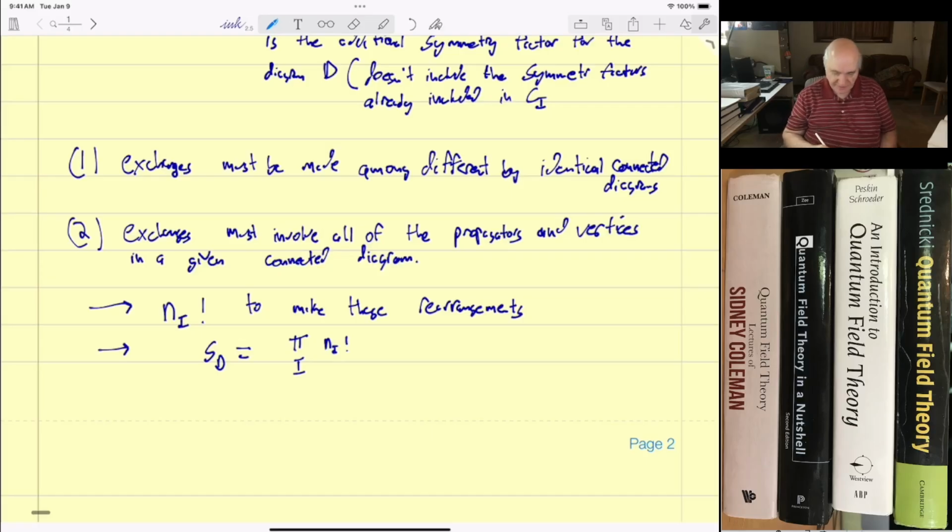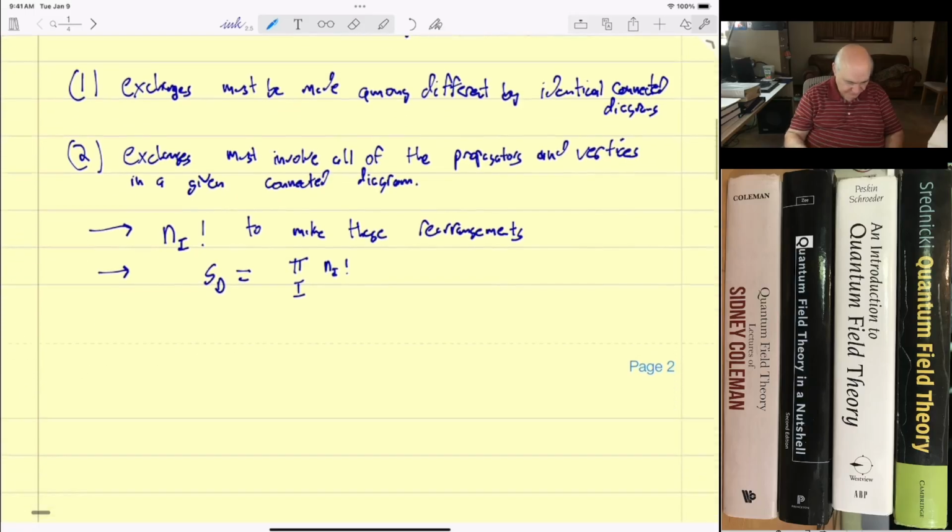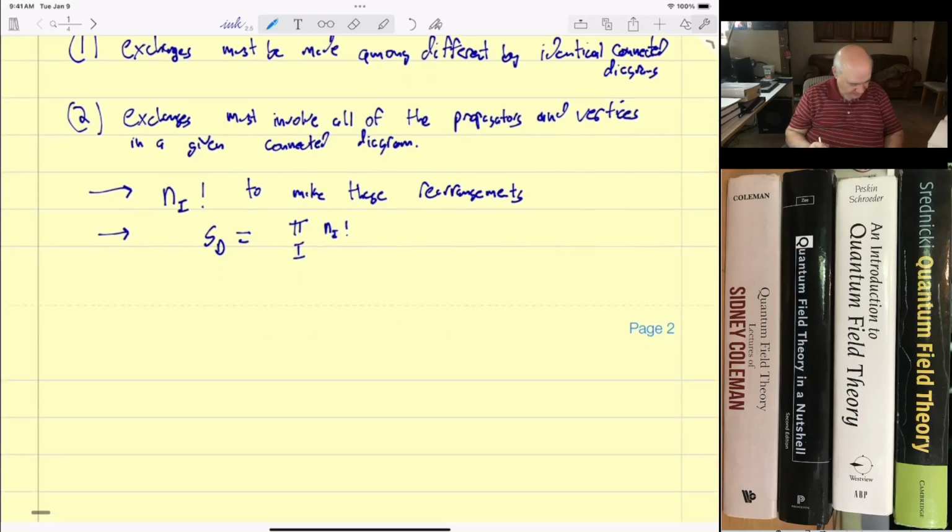So if you take the ith diagram, and there's like 7 diagrams in there, we can make 7 factorial. And then if you take I equal 9, the ninth diagram, and there's 3 in there, 3 diagrams in D, then we can do 3 factorial rearrangements for those. So that's what we can do. And so we have this new symmetry factor calculated.